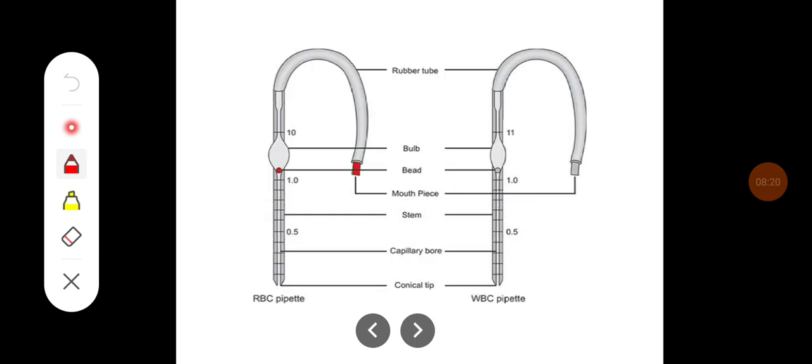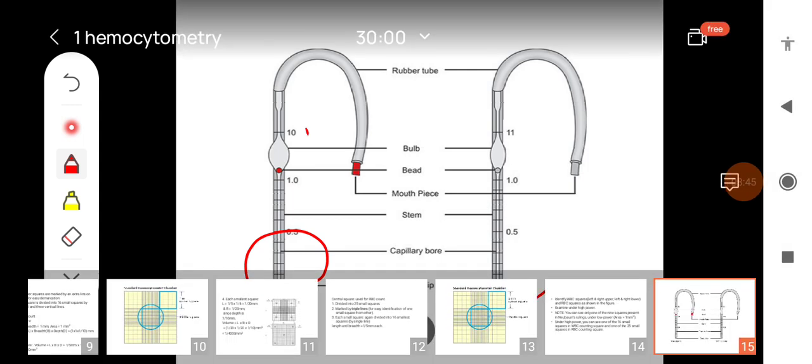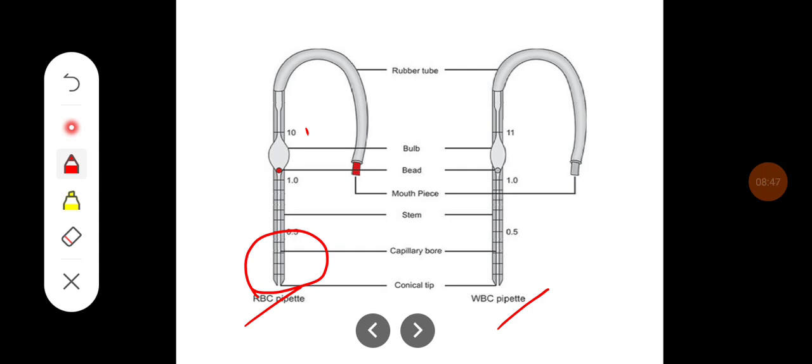So these are the diluting pipettes. They are called RBC pipettes and WBC pipettes, and they are used for the dilution of the blood. Usually when we are doing an RBC count, blood is sucked up to the 0.5 mark and the remaining volume, up to the 101 mark, is filled with the diluting fluid, that is Hayem's fluid. The diluting fluid mixes with the blood.